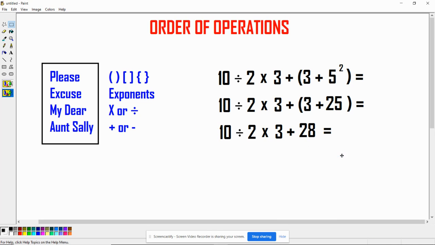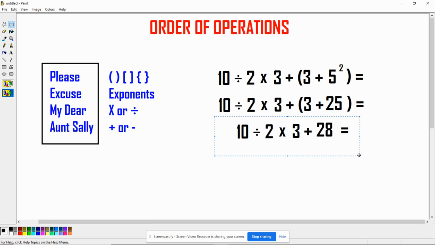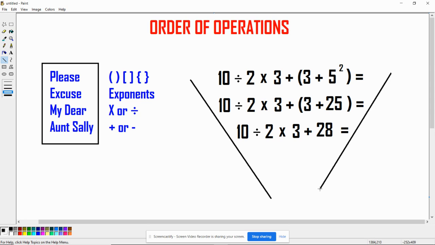Remember I told you your problem should look like a V, so you can see it starting to shape here. It should look like a V when we get to the end.